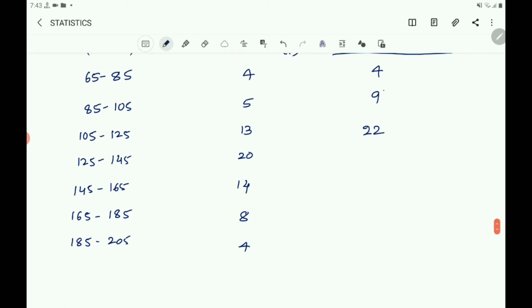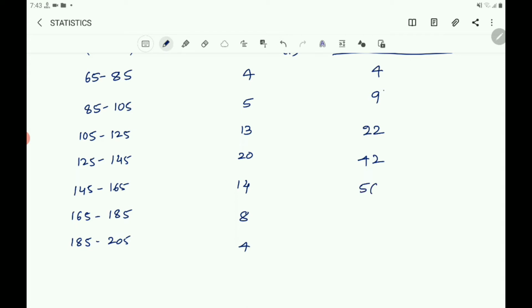Next, up to 145 is 22 plus 20, that is 42. Next, up to 165, the frequency is 42 plus 14, that is 56.